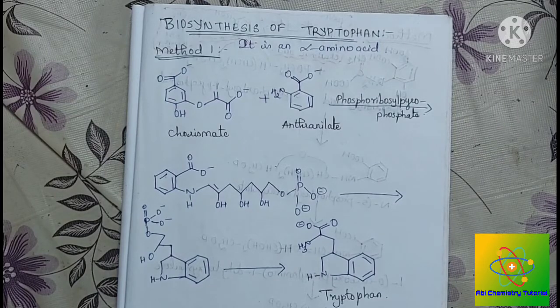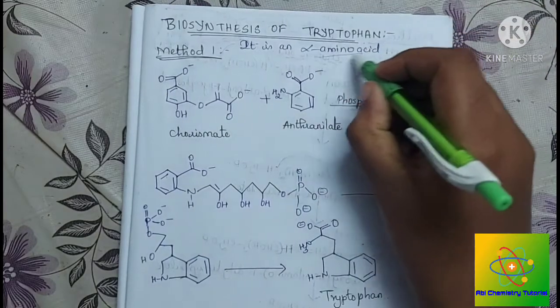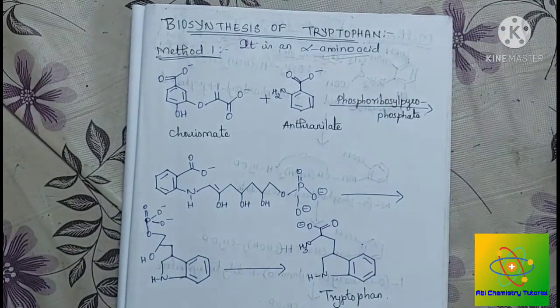The next one is the biosynthesis of tryptophan. Both tryptophan and tyrosine are amino acids, and tryptophan is an alpha amino acid. This also involves two methods, and both use starting materials present inside the body of living organisms, and that's the reason we say it is the biosynthesis of tryptophan. In the first method, the reactants are chorismate and anthranilate.